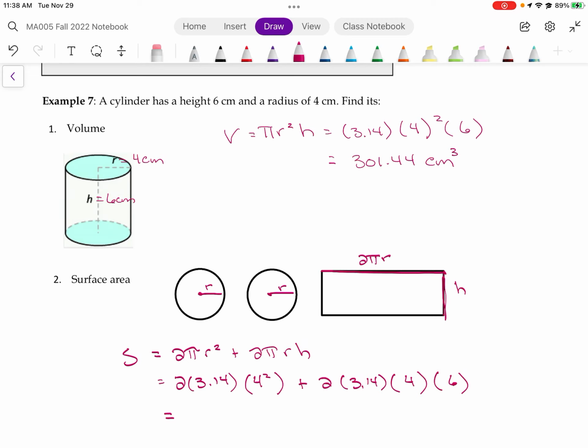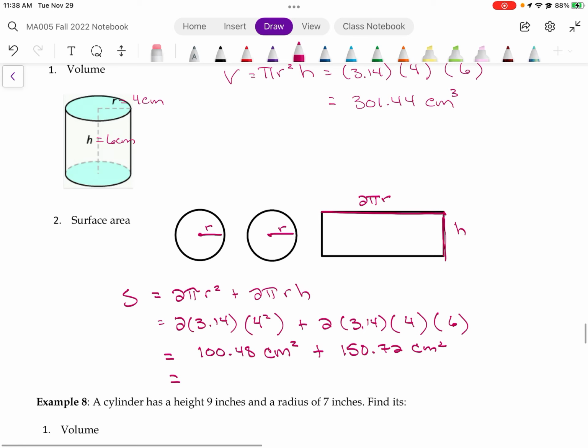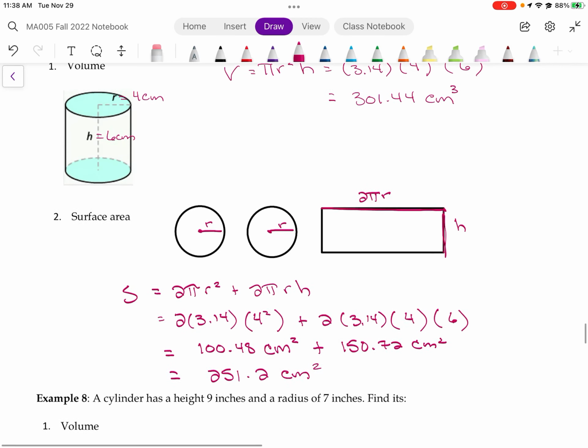So this first one is 100.48, and it's an area, so it's centimeters squared, plus 152.72 centimeters squared. When you add those up, you're going to get 251.2 centimeters squared. That's your final answer.